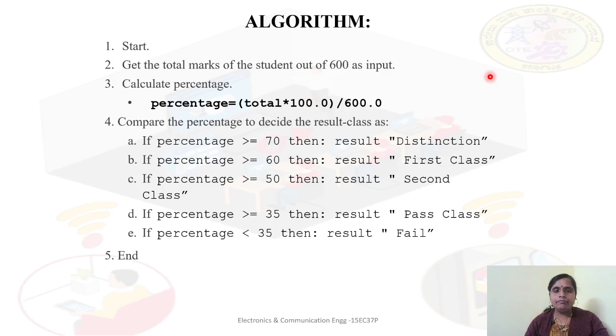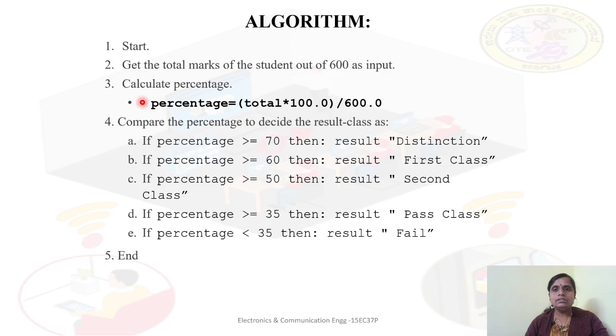As already mentioned in the program, the marks are given, and you are going to find out the percentage, and then we are going to decide the result in terms of class. In order to do that, we shall start the program. Then we will take the input from the user, that is, we will get the total marks of the student out of 600 marks as an input.